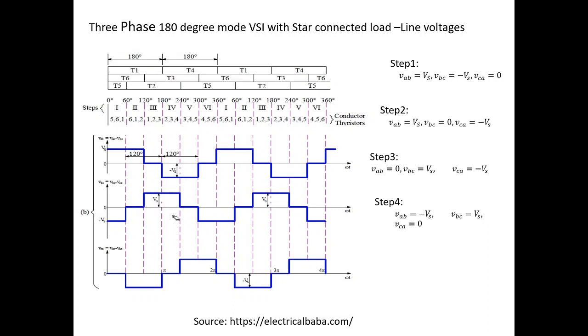So this is a quasi square waveform. Obtain the value of each line voltage, VAB, VBC and VCA, for each step, and then draw them. You will get this kind of quasi square waveform.